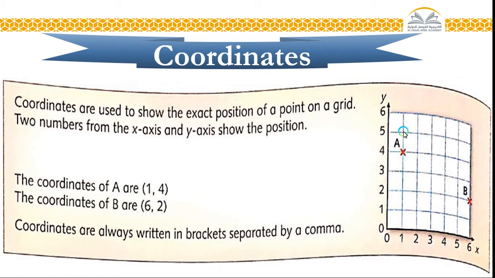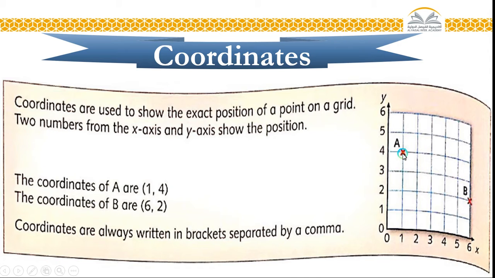Coordinates are used to show the exact position of a point on a grid. Two numbers from the x-axis and y-axis show the position. Here we have this point A, limited by two axes. I start from the point and project directly to the x-axis, and I find 1.